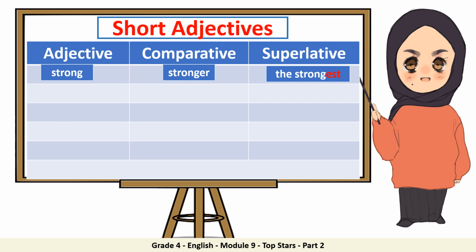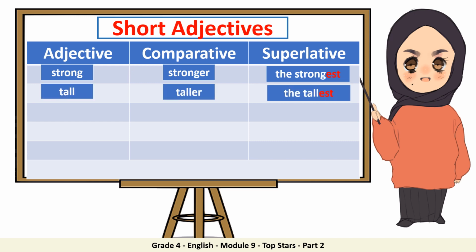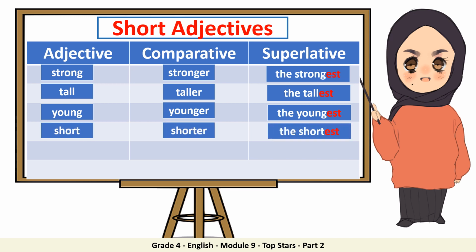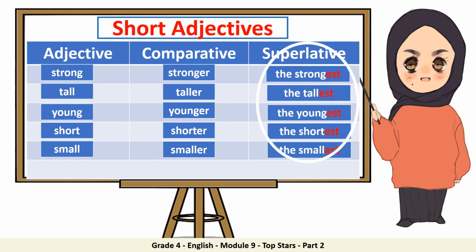Strong, stronger, the strongest. Tall, taller, the tallest. Young, younger, the youngest. Short, shorter, the shortest. Small, smaller, the smallest. Can you spot the superlative form? Well done.